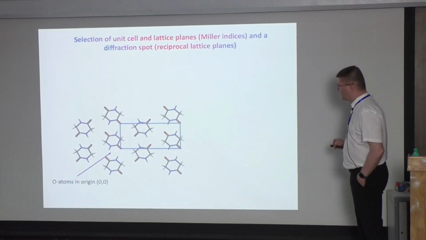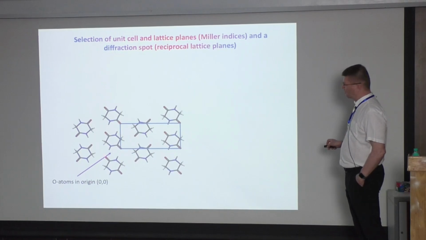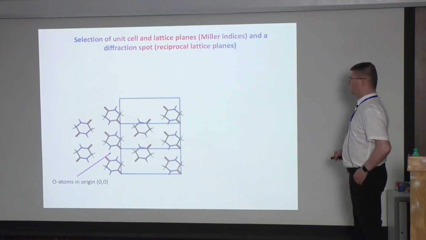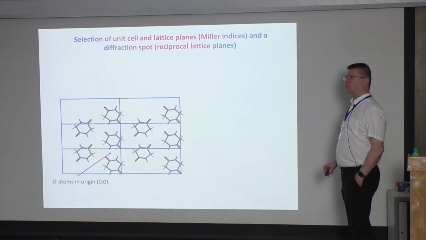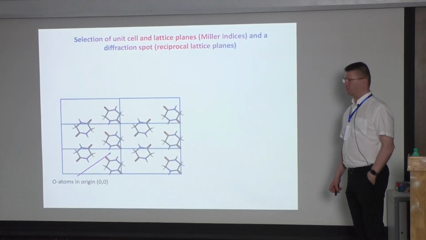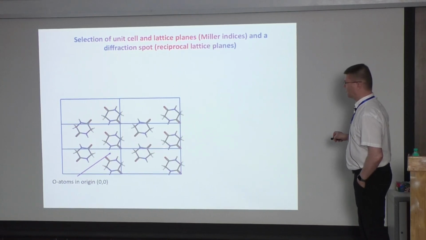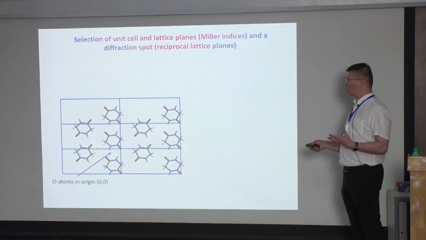So now, these atoms here, they are in the origin. Let's consider this is the origin, 0, 0. That's the 0, 0 of the next unit cell, and so on. So I can draw all the unit cells now. There are atoms missing, but if you look at this unit cell and that unit cell, they describe the same content.